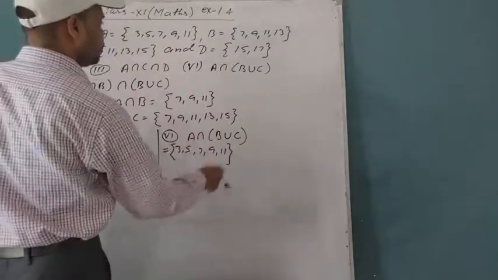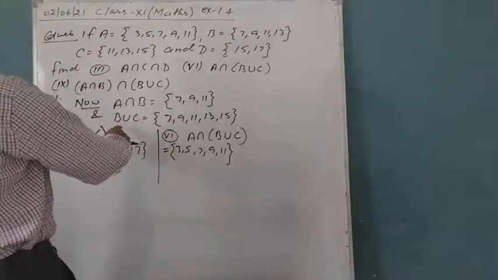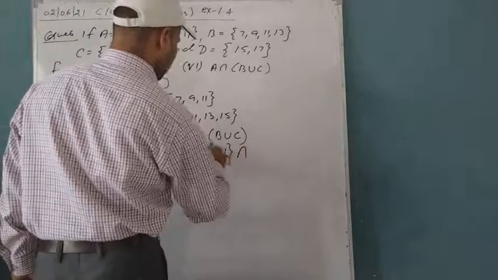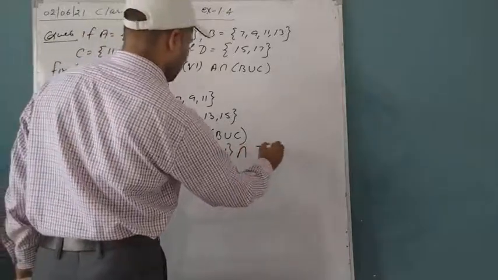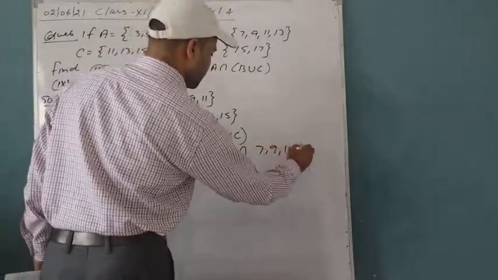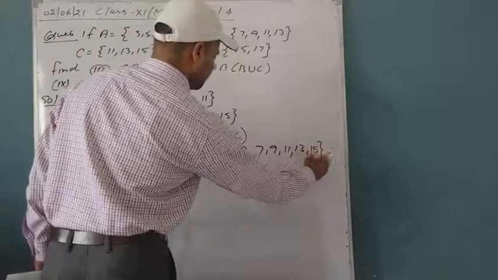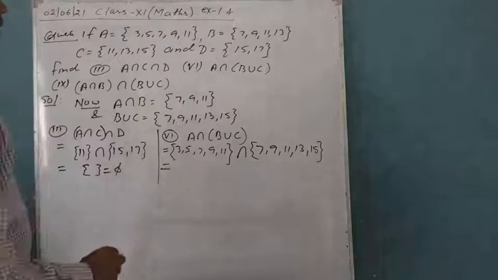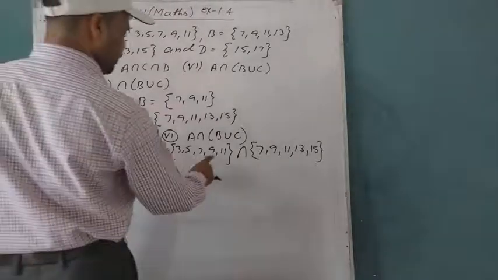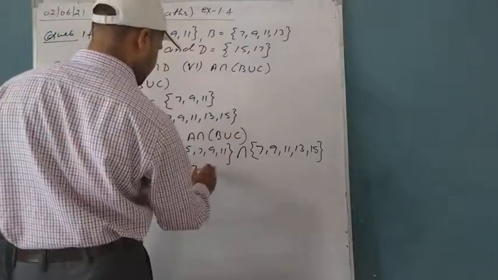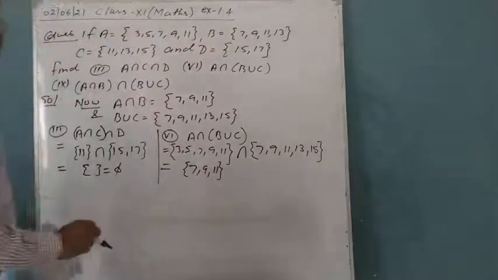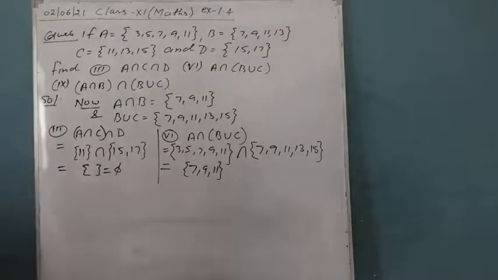And B union C we have already found: 7, 9, 11, 13 and 15. So write the elements which are common to both: 7, 9, 11. This is the value of sixth part A intersection (B union C).